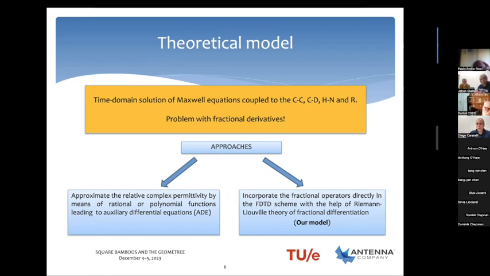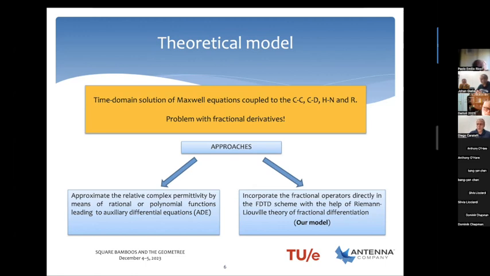One way that has been historically used in the literature to circumvent this complexity is by approximating the relative complex permittivity function of dispersive media by a rational or polynomial function, this leading to auxiliary ordinary differential equations.